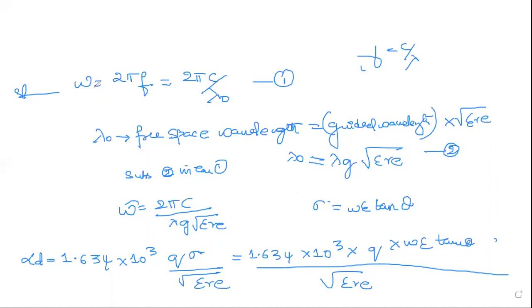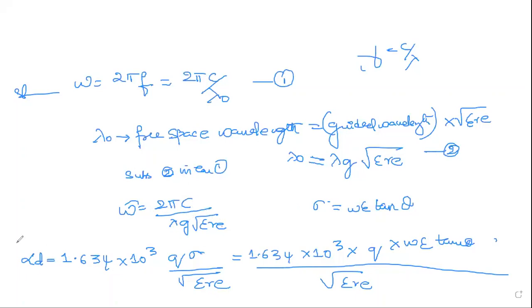Write down what is omega first, that is 2 pi f. F is nothing but c by lambda naught. Lambda naught is the free space wavelength, which is the product of guided wavelength and the square root of the effective dielectric constant. So lambda naught is lambda G into square root of epsilon Re. Substitute equation 2 in 1. So you get omega is equal to 2 pi c divided by lambda G square root of epsilon Re.